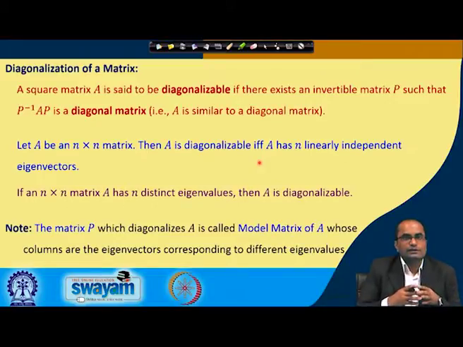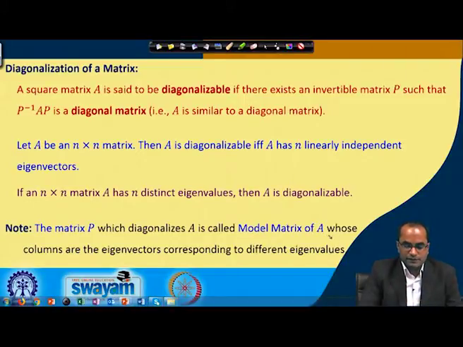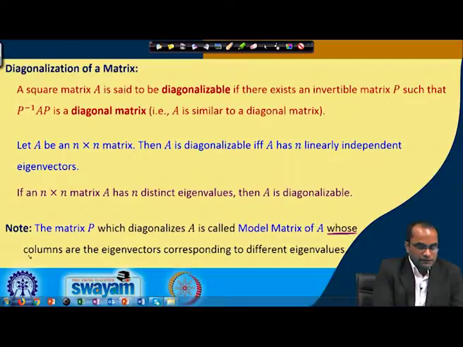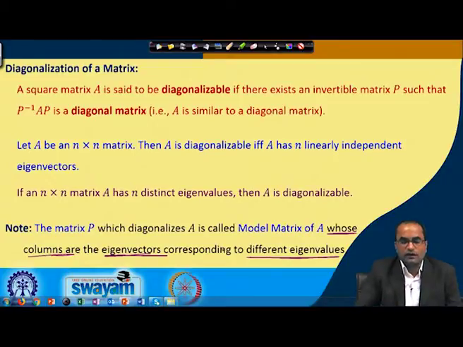Just a note here that this matrix P which diagonalizes A is called the modal matrix of A. The point is how to find this matrix P. Its columns are nothing but the eigenvectors corresponding to the different eigenvalues.